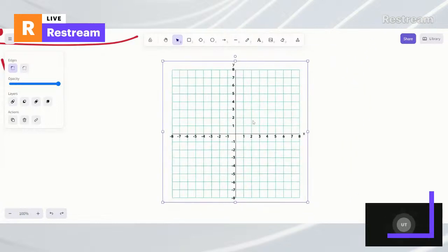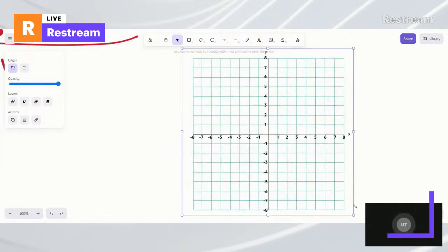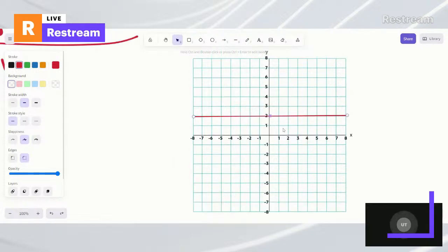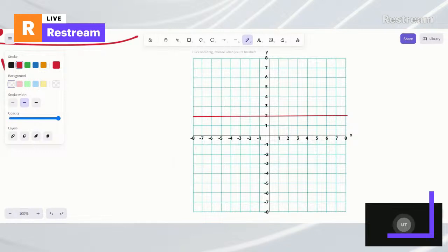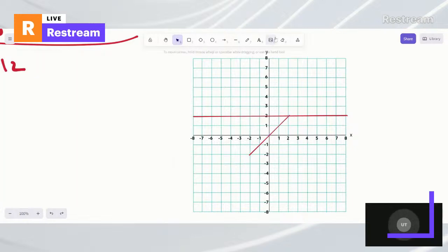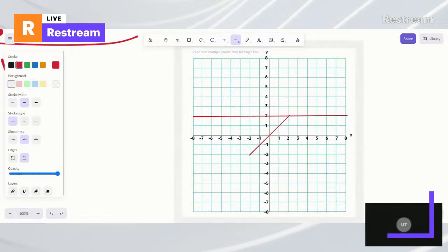I'll use this image. Now, I have one line drawn like this, and another line drawn like this, and one more line drawn like this.